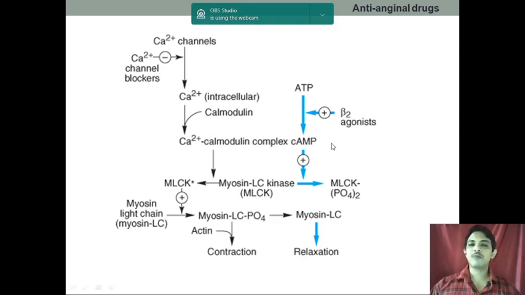Similarly, if the potassium channel is open, the positive potassium ion goes outside the cell membrane. As a result, it causes hyperpolarization or dilation. In that way, potassium channel openers are also useful as an anti-anginal drug.